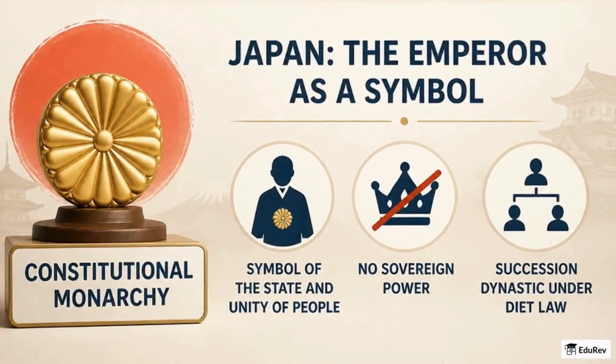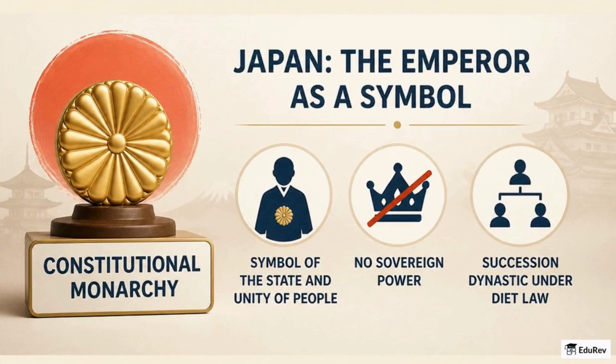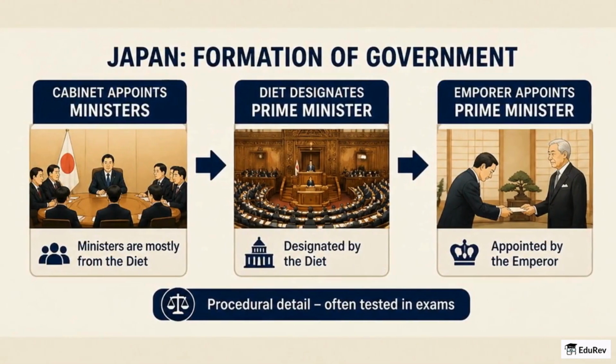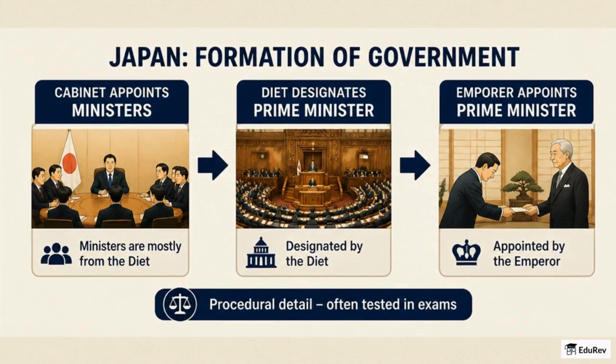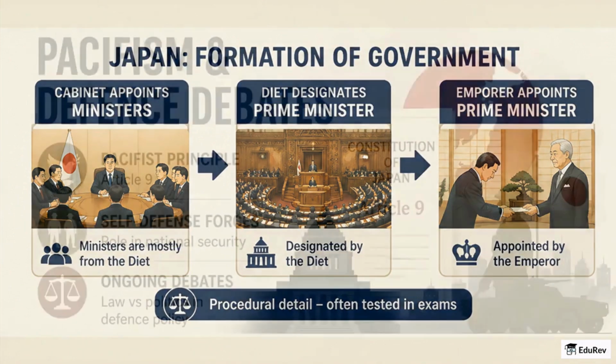Another exam-friendly point is the constitutional monarchy element. The emperor is the symbol of the state and unity of the people, with no sovereign power, and succession is dynastic under Diet law. The cabinet appoints ministers, most of whom are from the Diet, and the Prime Minister is designated by the Diet, then appointed by the Emperor, a procedural detail that examiners like to test.